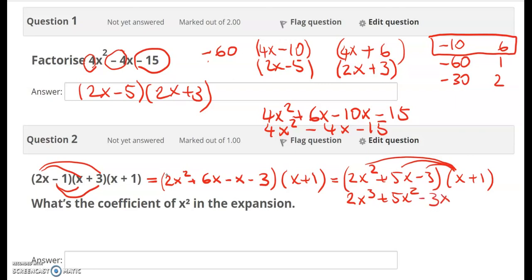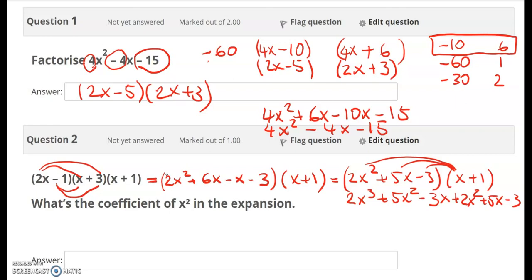Now I can multiply each of these terms by 1, so that is straightforward, which means plus 2x squared plus 5x minus 3. And of course we can simplify this further.